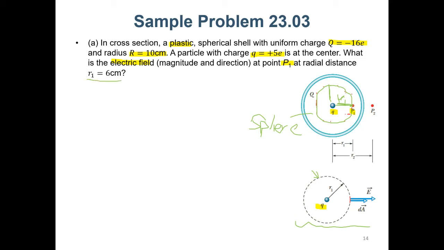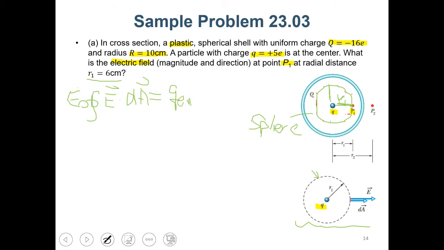So we use the Gauss law. We have epsilon 0 surface integration E dot dA equals Q enclosed, part A. This is uniform because this is at the center, so E should be a constant. We can just pull it out, and we have dA.